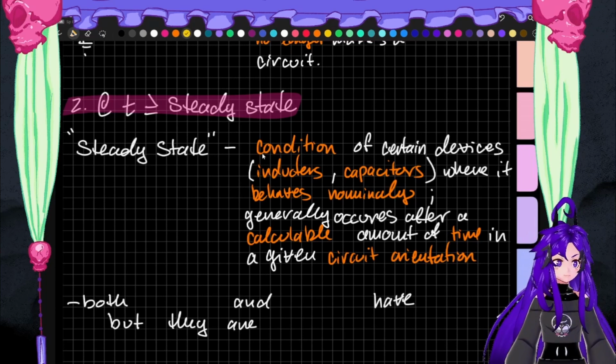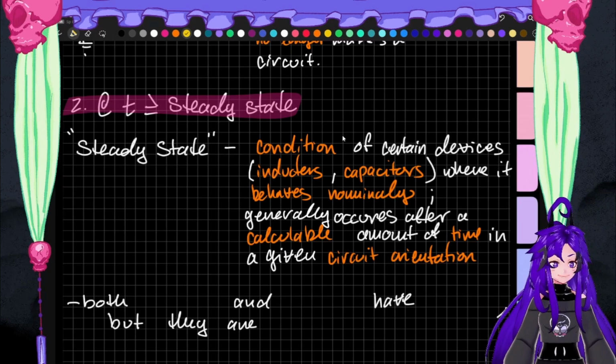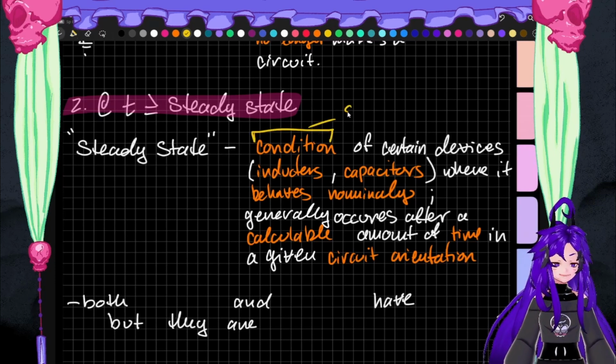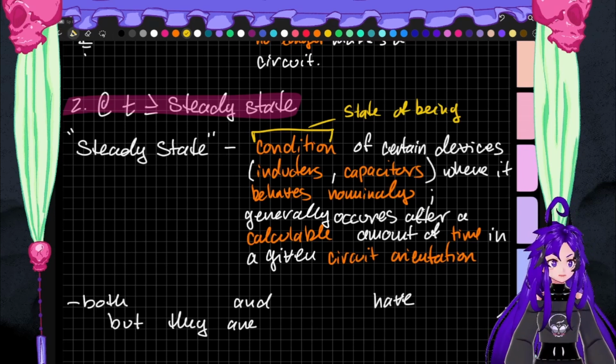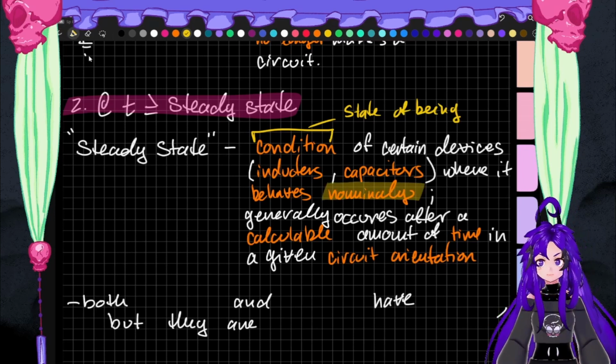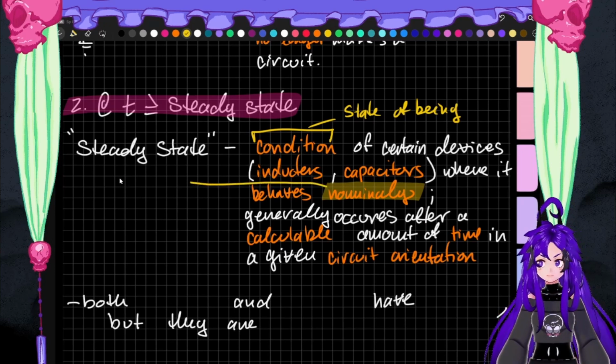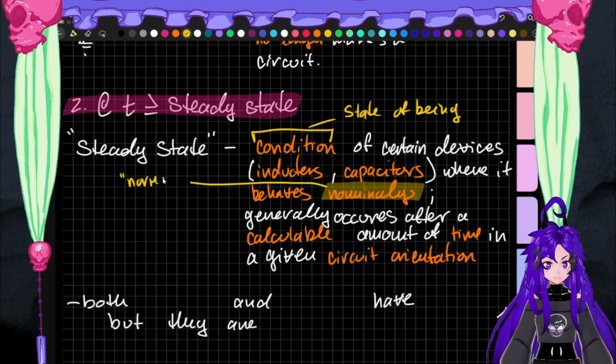So, it is a condition. It is a state of being where inductors and capacitors behave nominally. So the word nominal, and to be behaving nominally, is normal.